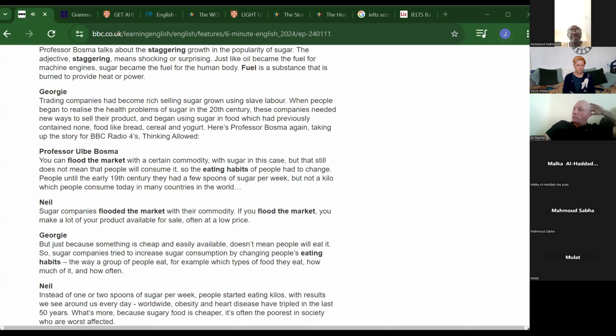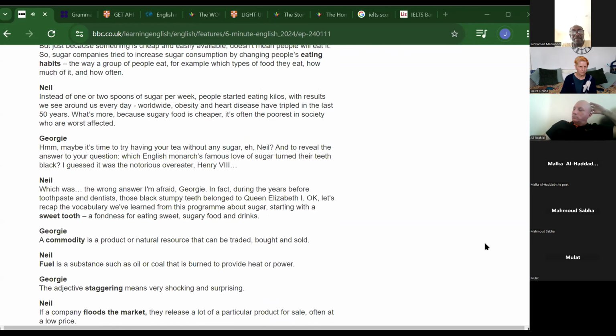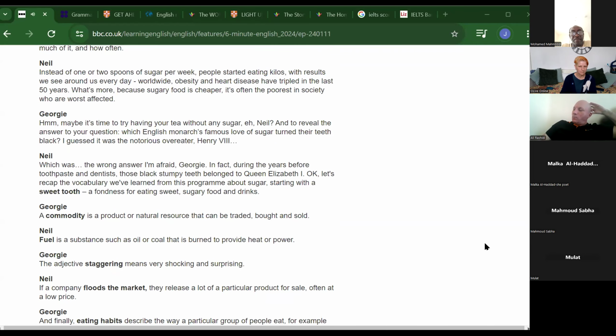For example, which types of food they eat, how much of it and how often. Instead of 1 or 2 spoons of sugar per week, people started eating kilos, with results we see around us every day. Worldwide, obesity and heart disease have tripled in the last 50 years. What's more, because sugary food is cheaper, it's often the poorest in society who are worst affected.